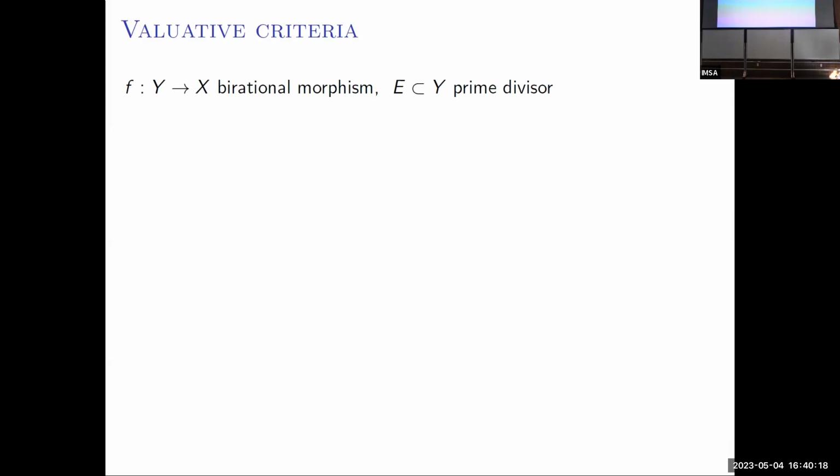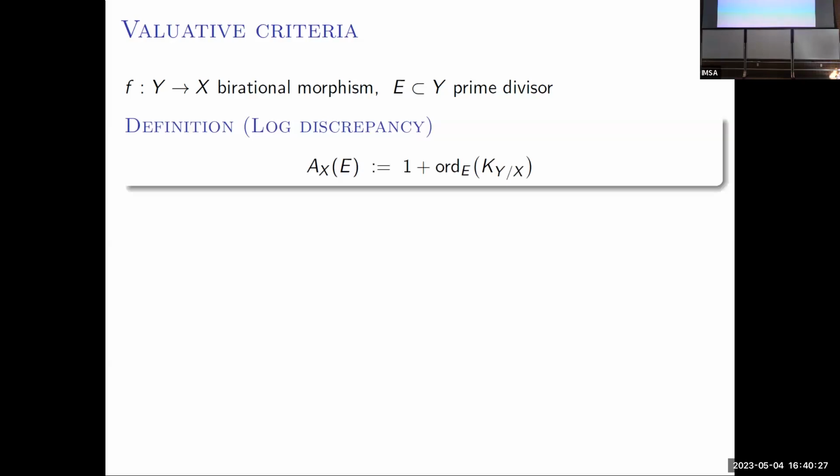If I remind you, if you have any birational morphism and a prime divisor, an exceptional divisor, we have already defined the log discrepancy. Let me say why I call this a valuative criterion. If you have any birational morphism from Y to X and a prime divisor E on Y, this defines a valuation in the function field of X in the following sense.